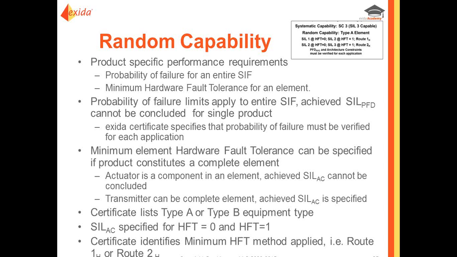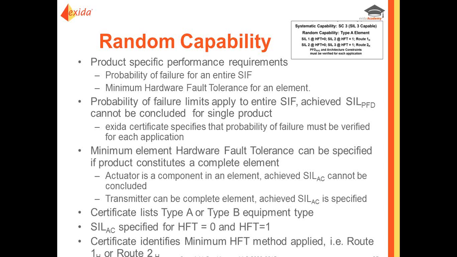The minimum hardware fault tolerance can be specified if the product constitutes a complete element. So an actuator is a component of an element, and the architectural constraints for the whole SIL cannot be conducted. But a transmitter is a complete element, therefore the SIL architectural constraints are specified.